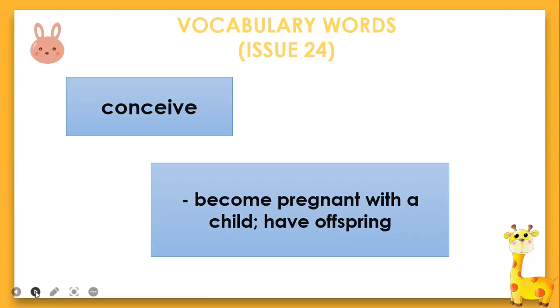Offspring is also like a child, like a baby. So if you conceive something, it means you have something in your tummy or you are pregnant. For example, she is conceiving a baby with my brother. So it means she is pregnant with my brother's baby. Understand?